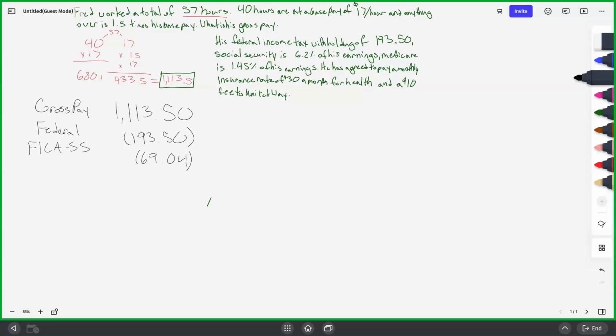All right. So, what's next? Insurance. Yeah, the Medicare. Oh, whoops. Yep, Medicare first, but then insurance. We're going through it. 1,100 times 0.01. That's gonna be 16.15.